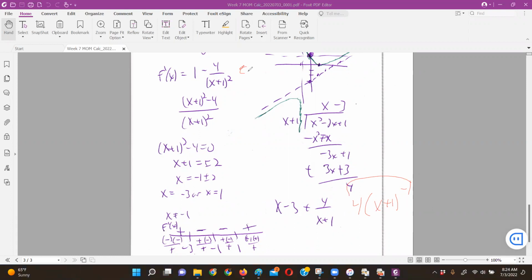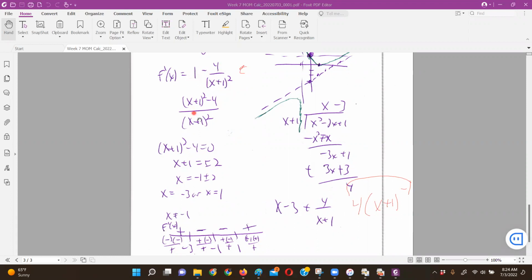Now they're going to make me do some work with this. So I got to figure out what are the critical values and when is it increasing, decreasing. So having it in this form makes it hard to find zeros and all that. So what I did is I just multiplied by x plus 1 squared over x plus 1 squared.